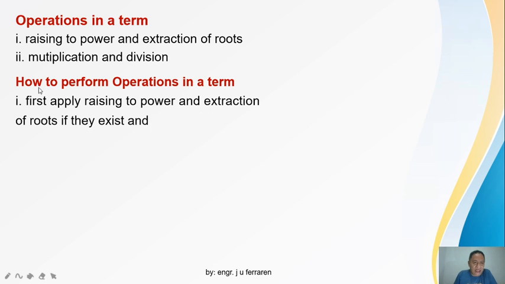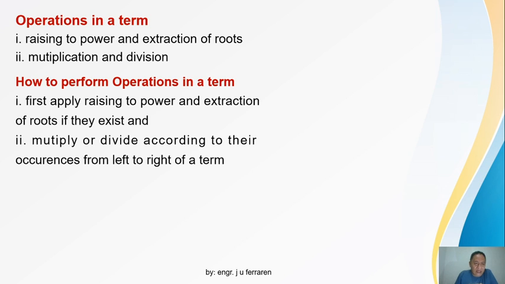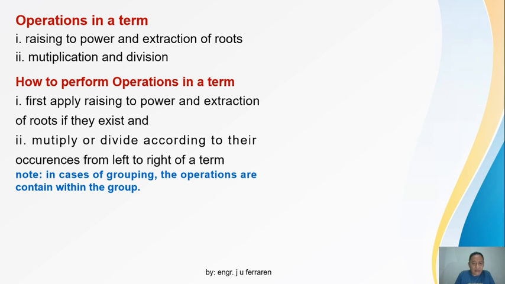Check first whether there is raising to power and extraction of roots, and after you perform them, that's the time you can proceed with multiplication and division. You can multiply or divide according to their occurrence from left going right of a term. Now, in cases of grouping, the operations are usually contained within the group.